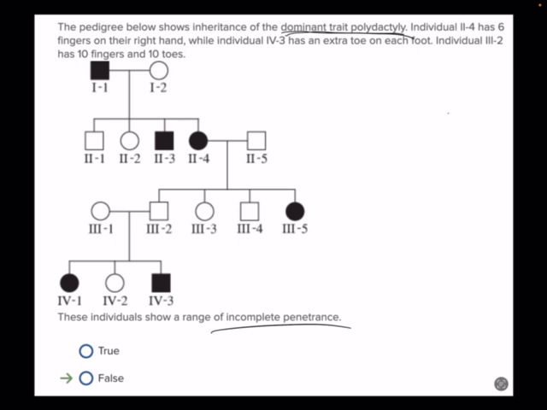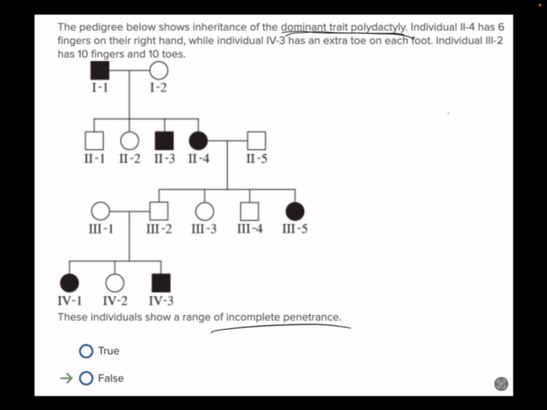So incomplete penetrance is just, the phenotype of polydactyly is extra digits and toes, however defined. And so if you have incomplete penetrance, that means that you have the dominant allele, but you don't have any phenotype at all. That's incomplete penetrance. The disease allele or whatever doesn't penetrate through to phenotype. It's masked in some way.